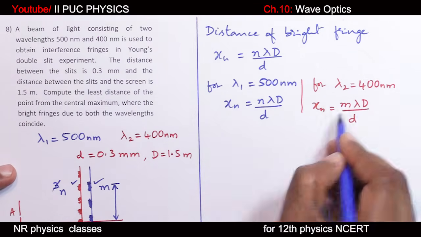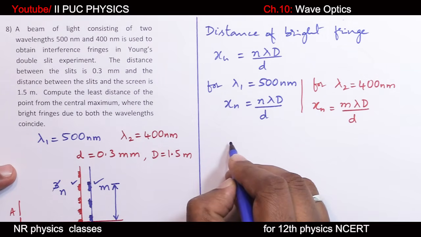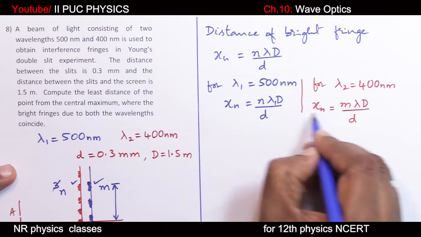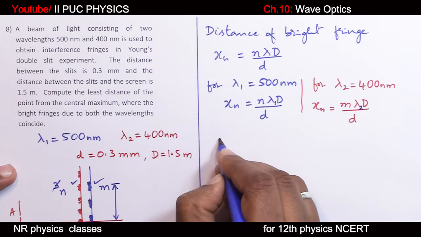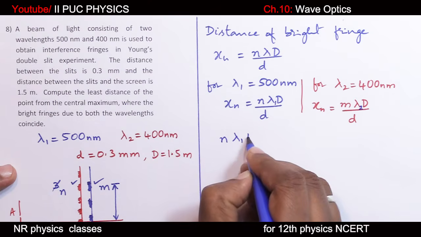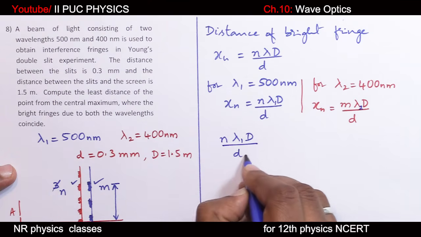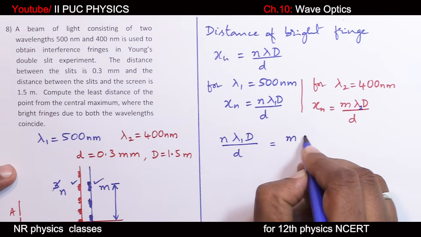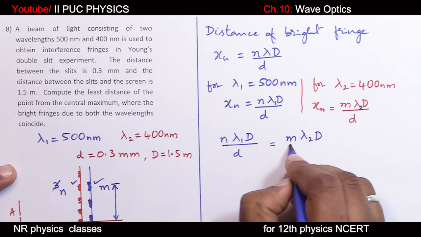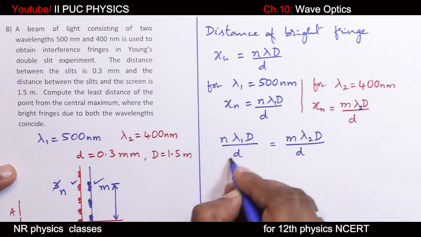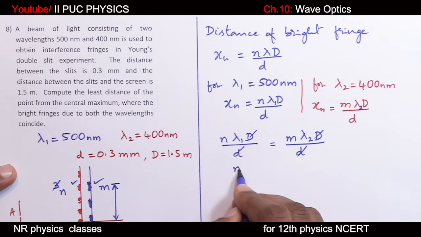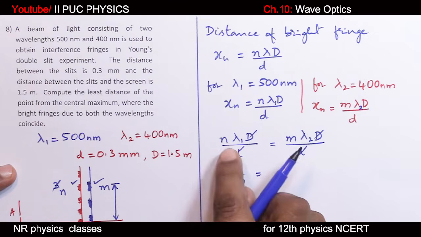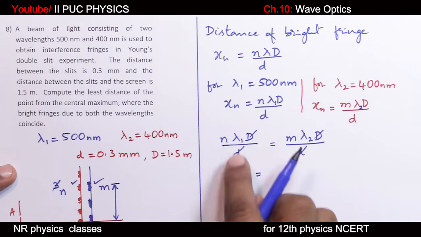Since these two are equal, let me equate n lambda 1 capital D by small d equal to m lambda 2 capital D by small d. D by d gets canceled. N by m equal to lambda 2 by lambda 1.